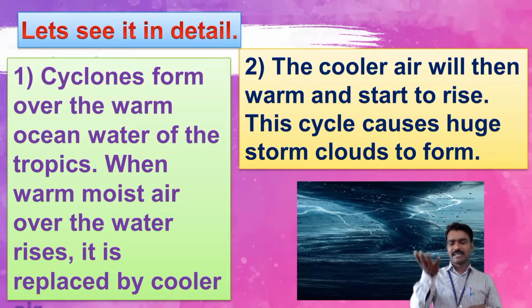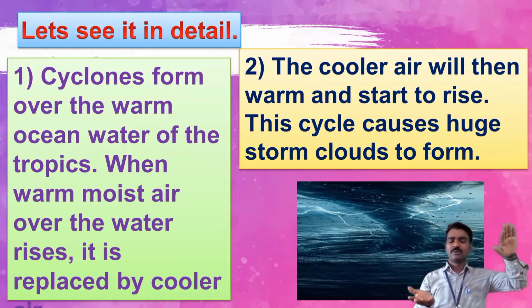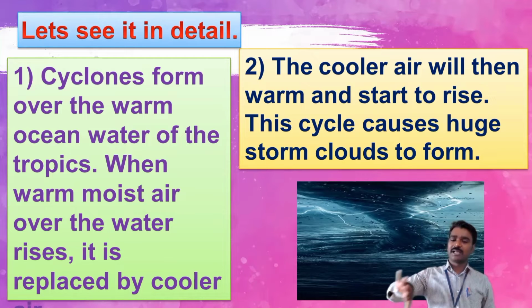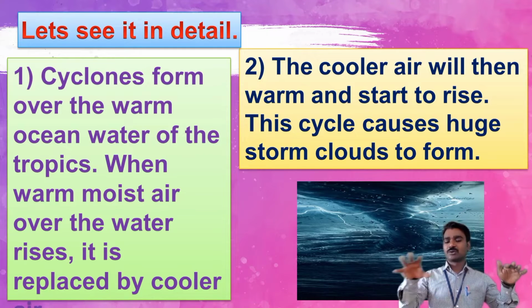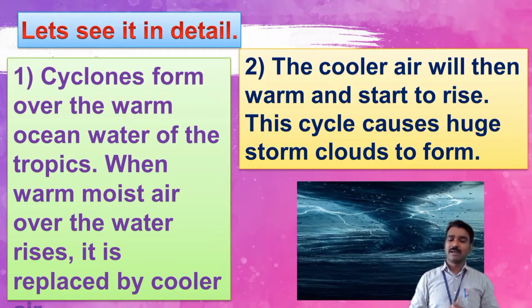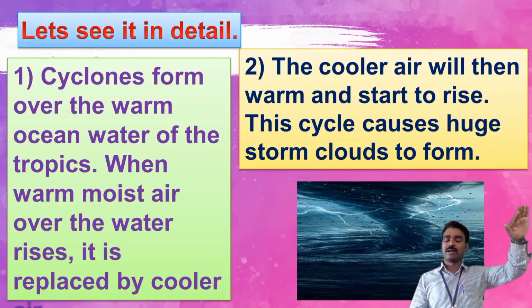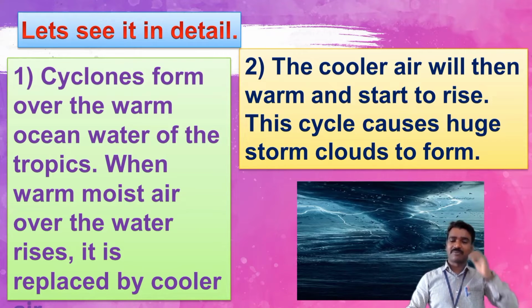Once the warm air rises and leaves the ocean, it is replaced by cooler air, and as the ocean is warm itself, this cooler air which has replaced the warm air comes over the warm ocean. So as the ocean is warm, this cooler air will also become warm, and once this cooler air becomes warm, it will also rise up and leave that surface. Again it will create a low pressure zone.